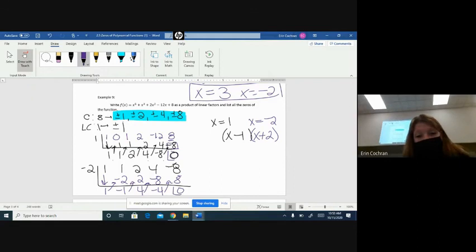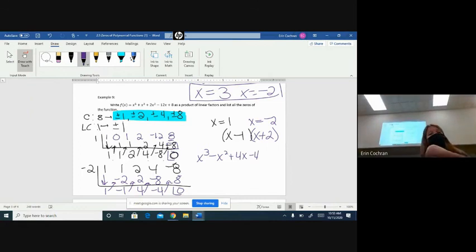Now we actually have a polynomial, x to the 3rd minus x squared plus 4x minus 4. Can we factor a 4-term polynomial? Yes, by grouping, right? So what can I factor out of my first ones?